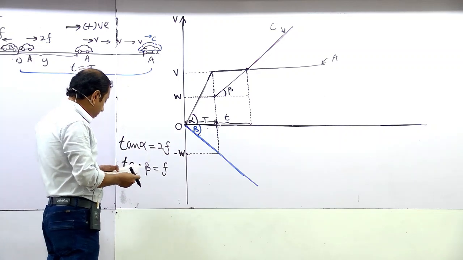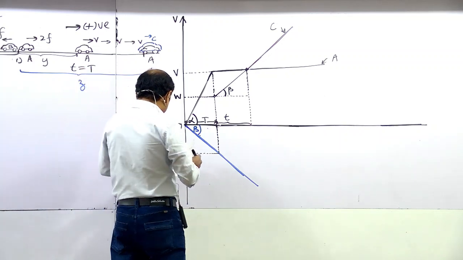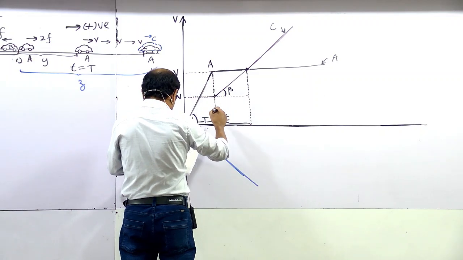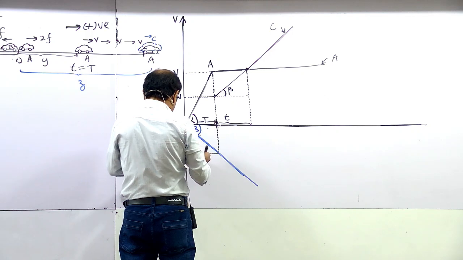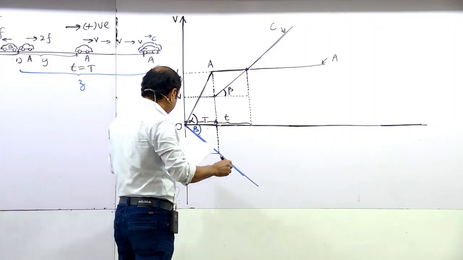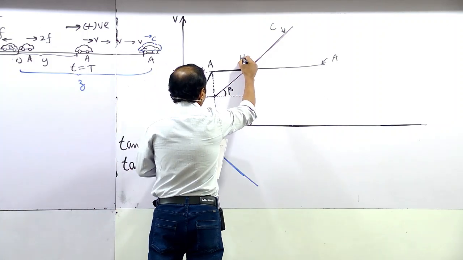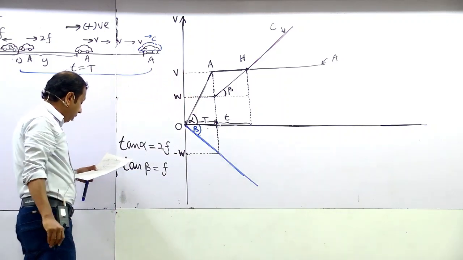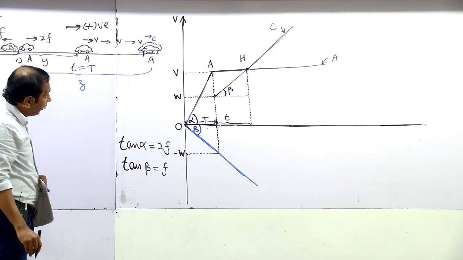I'll name this VT graph like this. This is O, here A, and this is, yes, I'll mark that later. This is H. According to my diagram, I will mark, then it's much easier to consider. Then I can now find this way.